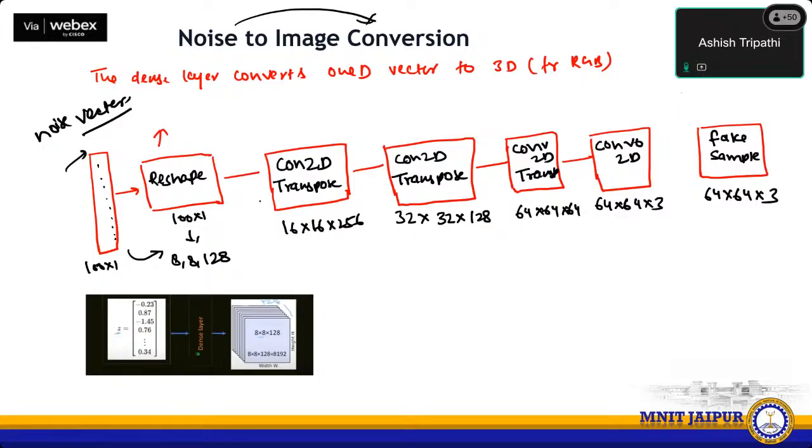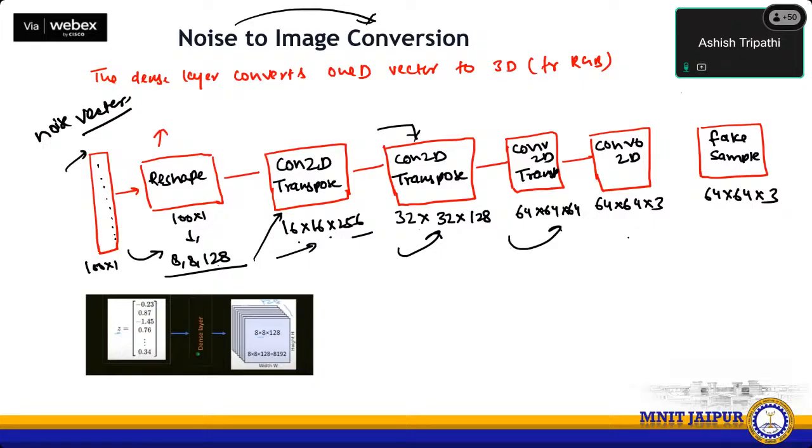And I have reshaped this noise vector into some other format, for example 8 cross 8 cross 128. Then we may apply a Conv2D transpose layer to upsample it to 16 cross 16 cross 256. Again, as per the requirement, I have applied another Conv2D transpose layer to upsample it again.